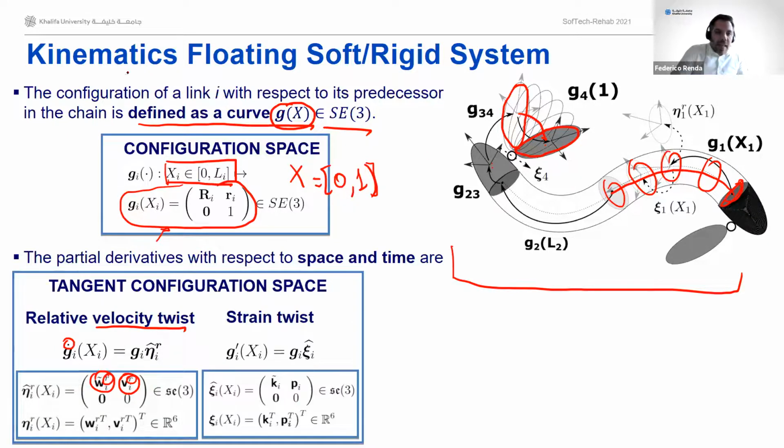Now, thanks to this continuous definition, we can take the partial derivative with respect to space, with respect to x, and we indicate this with a prime. This produces a strain twist that is exactly similar to the velocity twist, with an angular strain and a linear strain here.